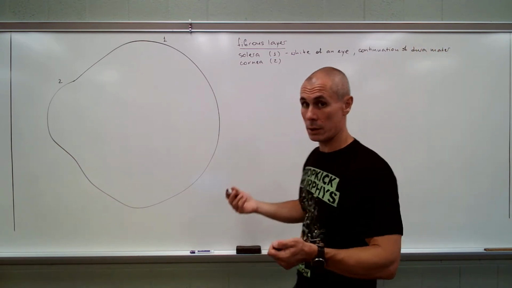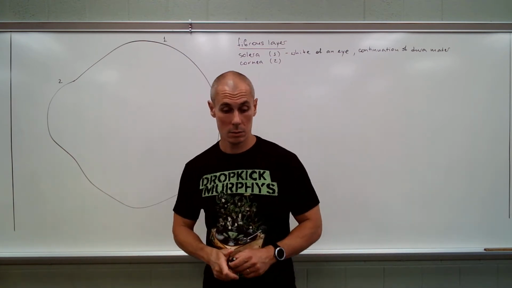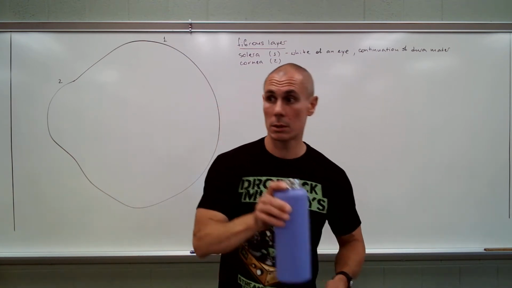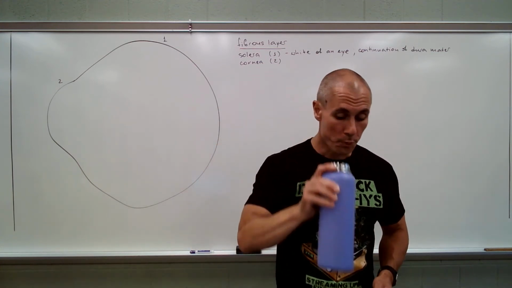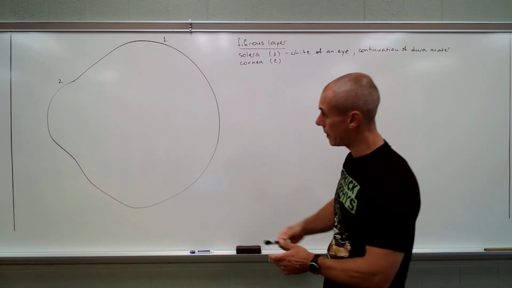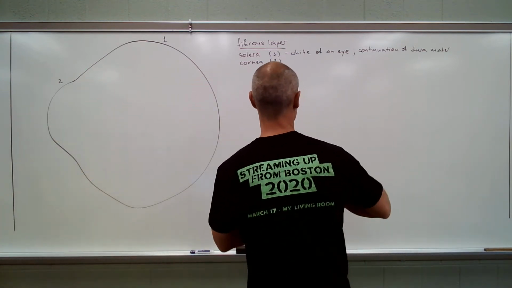Dura mater, as you may remember, is the outermost meninge that surrounds your brain. Now, cornea here is the transparent structure.